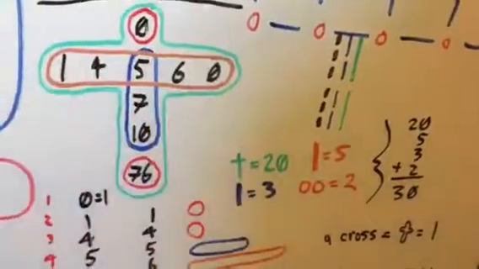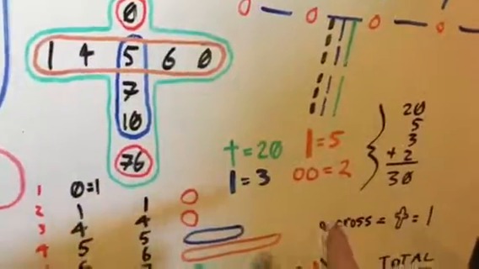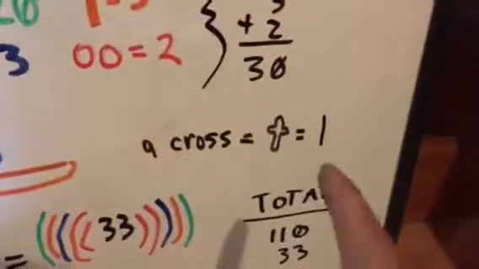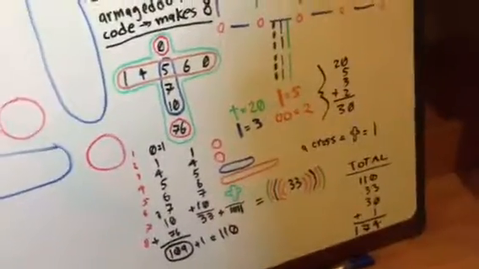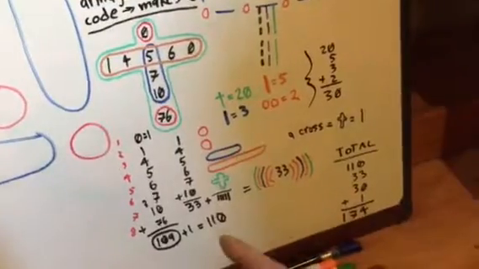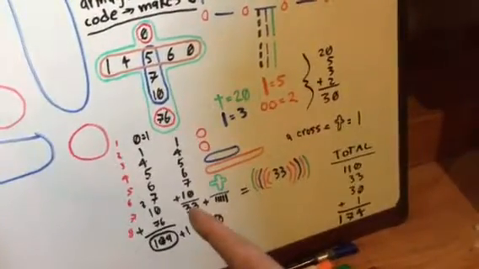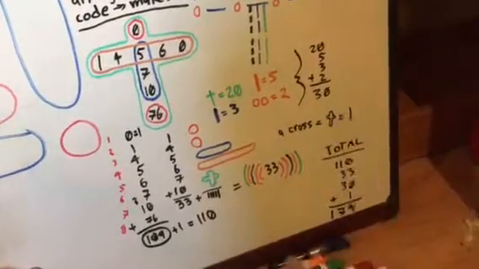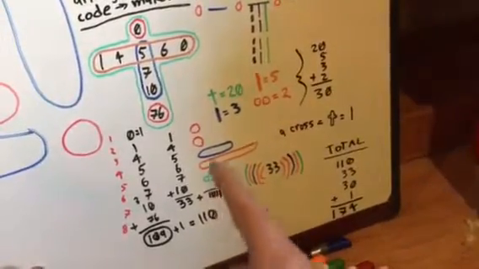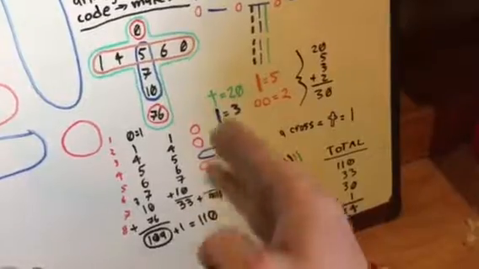Plus, we have a cross. Okay, it's not an X, it's a cross. So that's going to equal another 1, let's say. So out of all the numbers we have in the bottom, because Armageddon code makes 8, we have 110, a 33, a 30, and a 1. Because the 5 brackets here, these 5 colors, they're all just 1s.